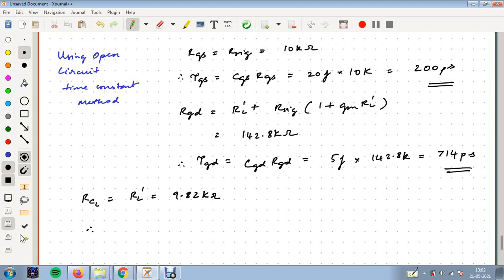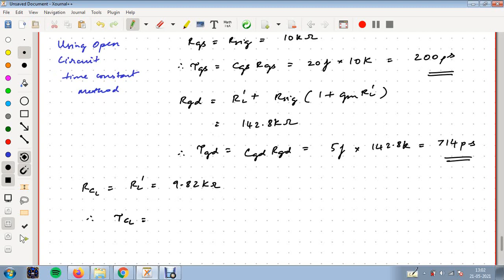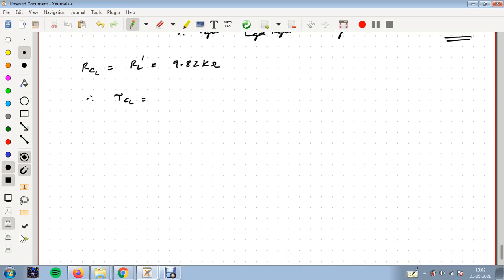Therefore tau CL is RCL into CL. RCL is 9.82 kilo into CL, which is 25 femto. That will turn out to be 246 picoseconds.